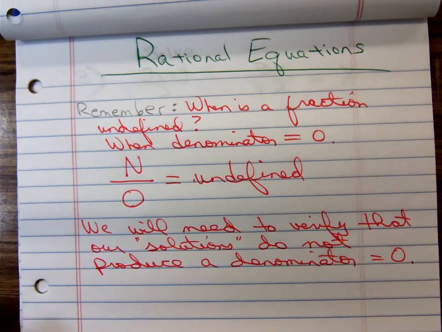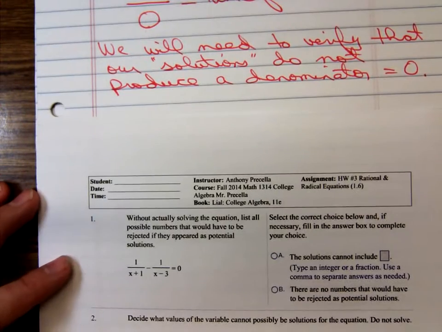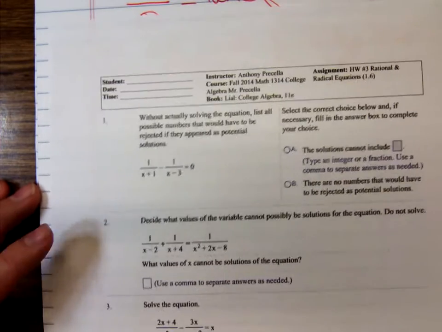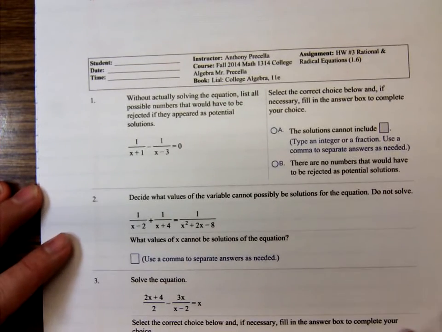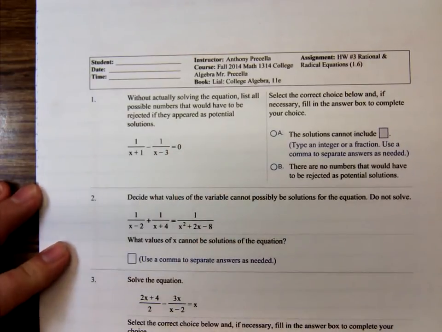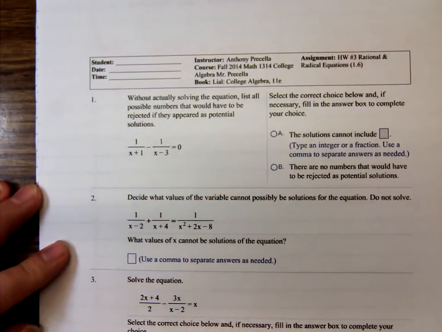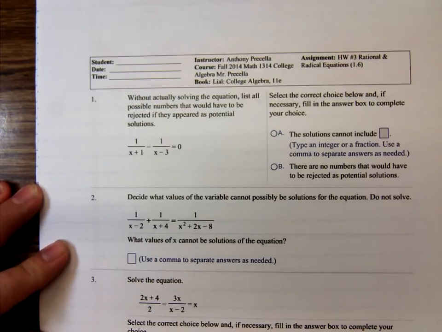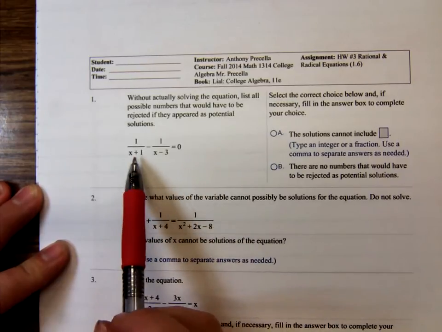And to illustrate this, I have a problem here. This is number 1. I printed out some examples that I wanted to do this morning, and without actually solving the equation, list all possible numbers that would have to be rejected if they appeared as potential solutions. Well, we have two different fractions.